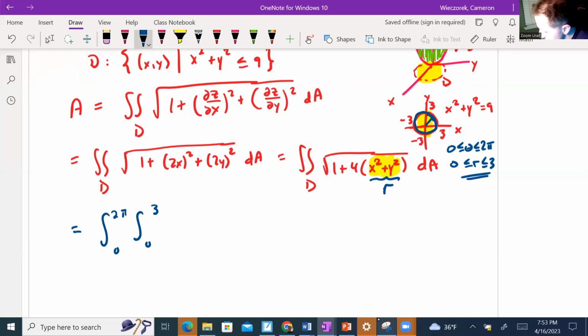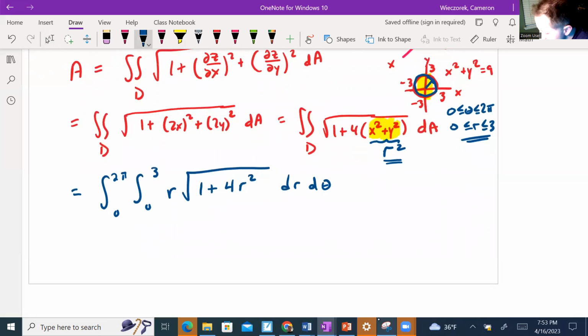Let's see. So we're going to get definitely that extra factor of r, dr d theta. 1 plus 4, and apologies, this should be r squared, not r. x squared plus y squared is r squared. So 4r squared, dr d theta. Okay.